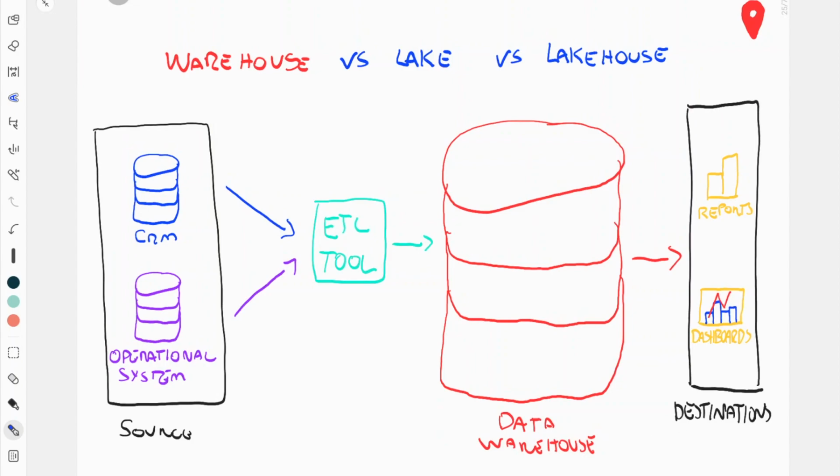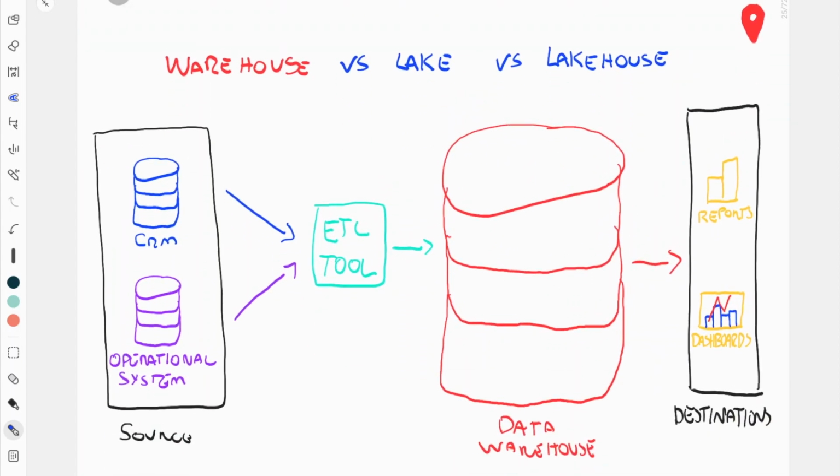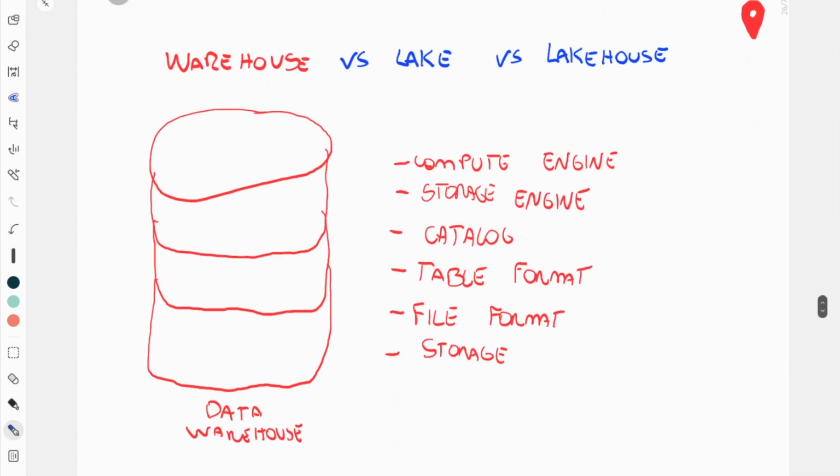This data warehouse can have destinations such as reports and dashboards. For example, you have MySQL and BigQuery, maybe Snowflake too, as examples of this structure.